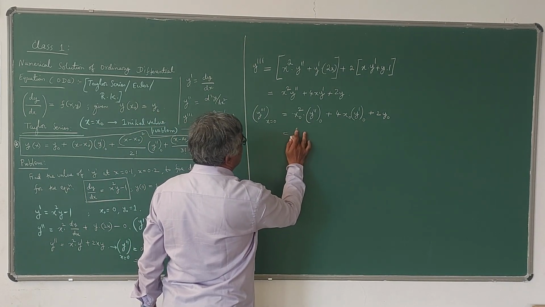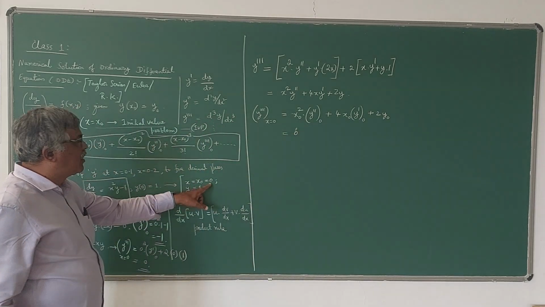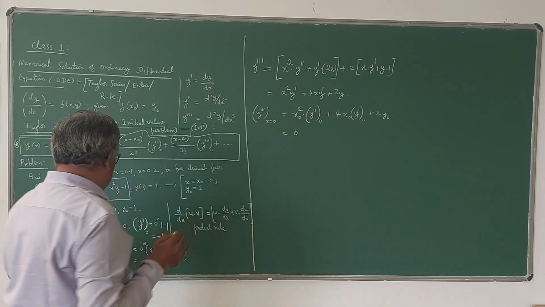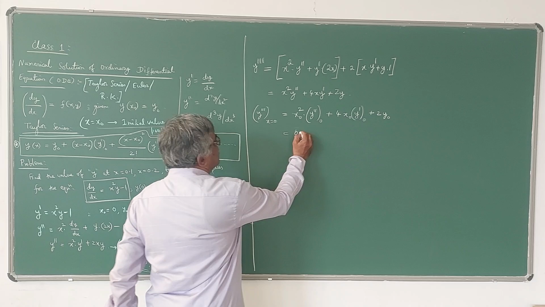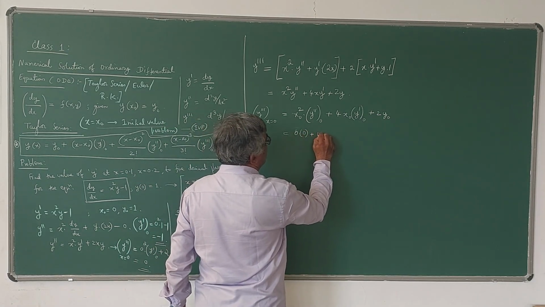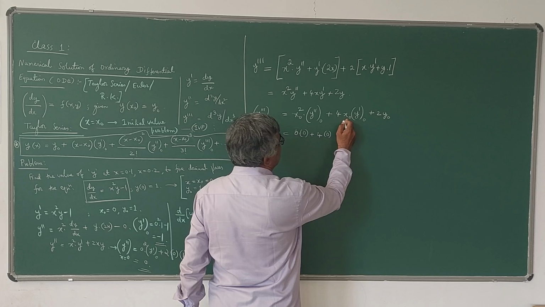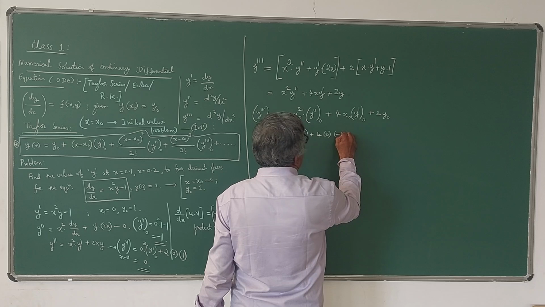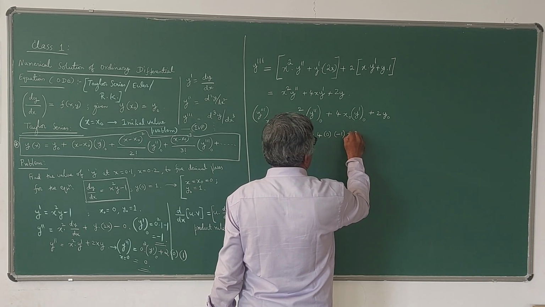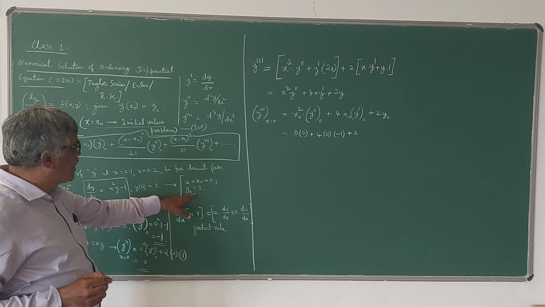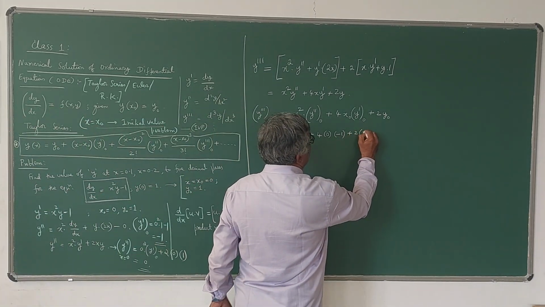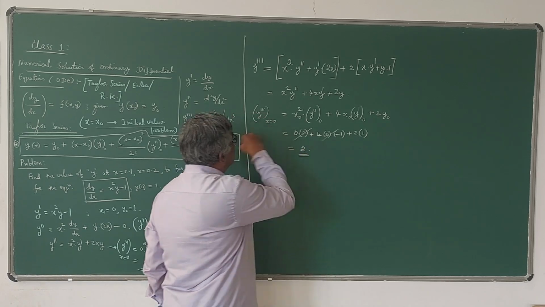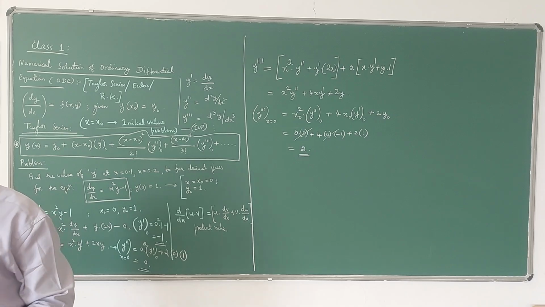X naught is 0 here, given in the problem. So 0 into anything will be 0. Actually y double dash naught is 0 only. So 0 into 0, plus 4 into this also becomes 0. X naught is 0, y dash naught is minus 1, plus 2 times y naught, the given value of y at x is equal to 0, that is 1. Now if you simplify this, this is 0, this is 0, you get 2. So y triple dash naught is 2.